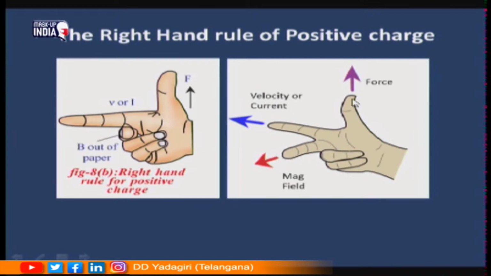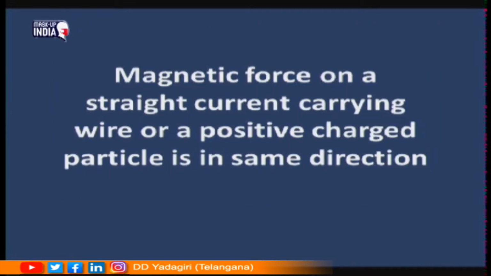Then the thumb shows the direction of force acting on the current carrying wire or charged particle. Magnetic force on a straight current carrying wire or a positive charge particle in external magnetic field is in the same direction.